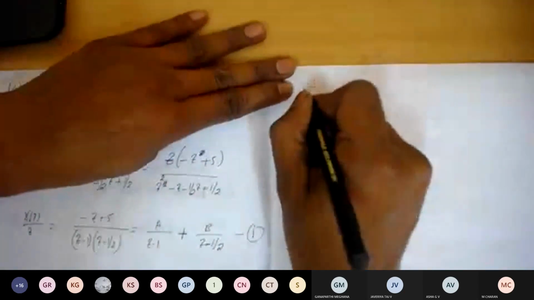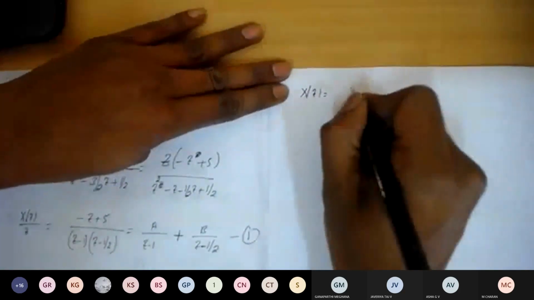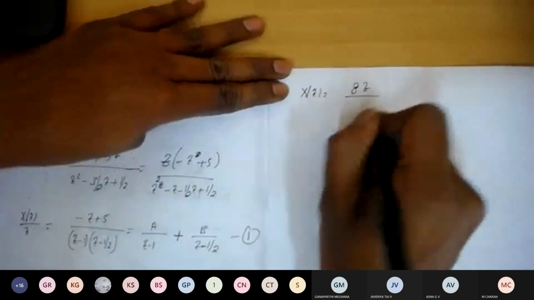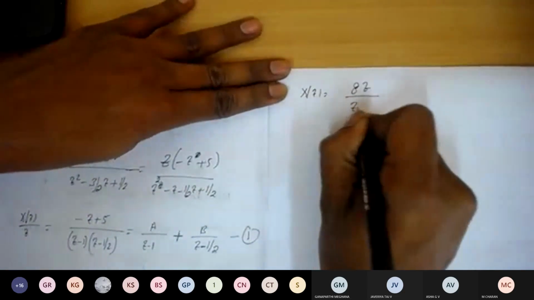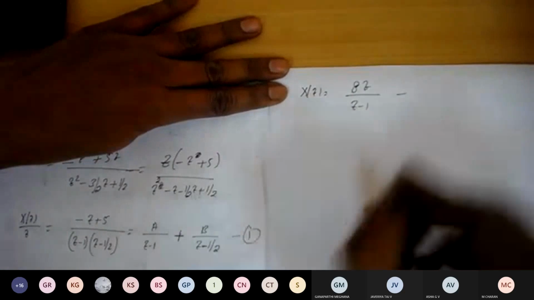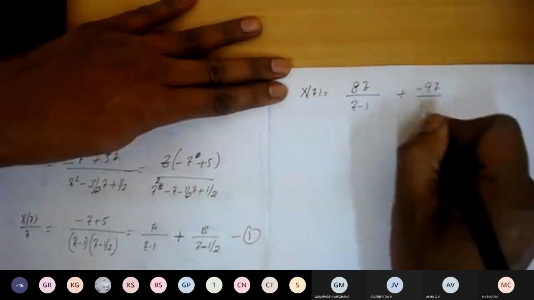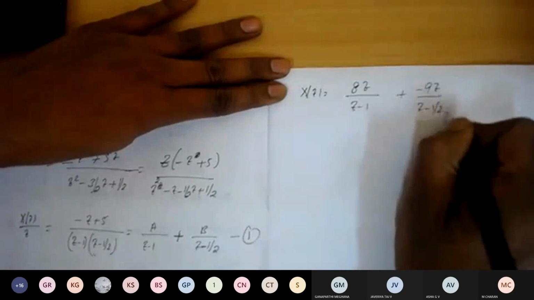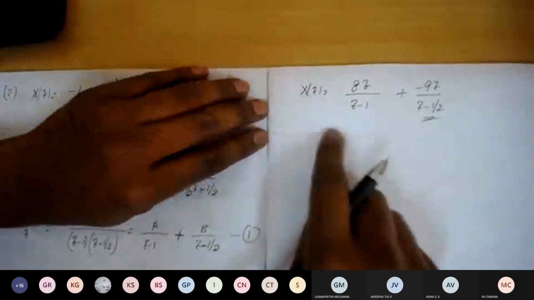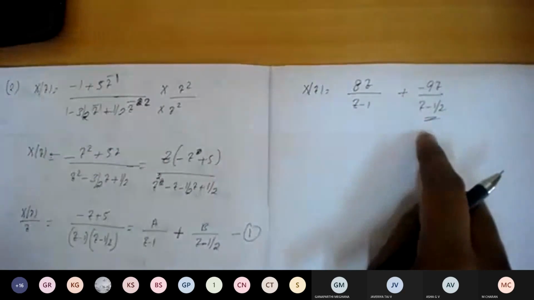So I'll rewrite: X(z) is equal to, the value for a is 8, so 8 into z divided by (z - 1), plus the value for b, which is minus 9, into z divided by (z - 1/2). So this is the X(z) after factorizing.